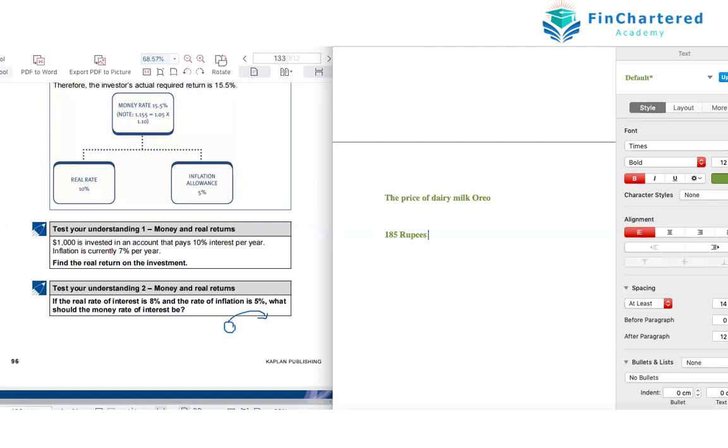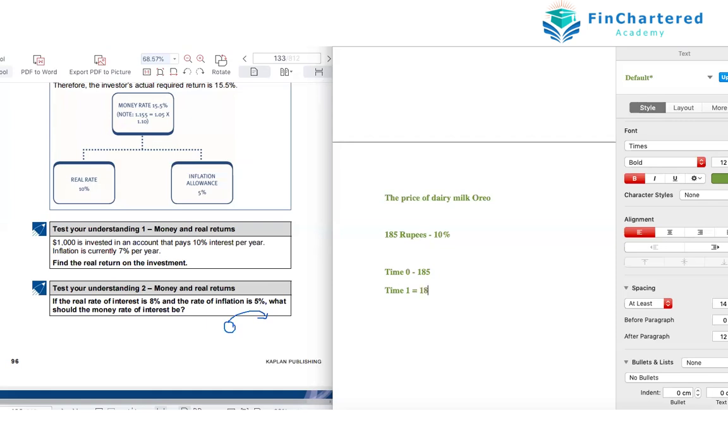And what happens is there is inflation. Year after year, there is an increase in price, say, for example, 10%. So now it's 185 at time 0. But at time 1, after 1 year, there will be a 10% increase.